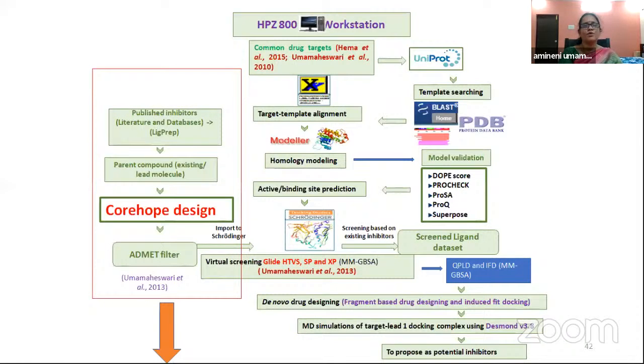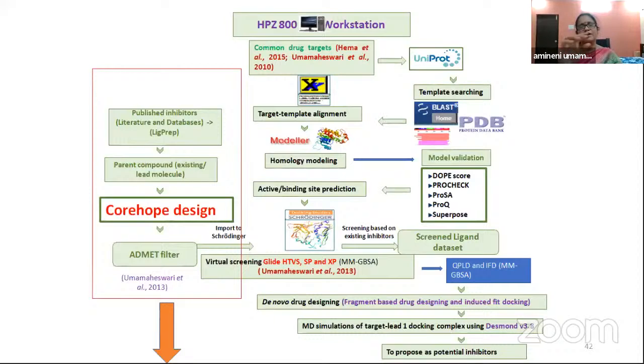And this is the core hopping method. For core hopping, we need to develop a novel molecule. For these parent compounds, we take the existing ones and also the lead molecules, and we add side chains and different ring moieties.